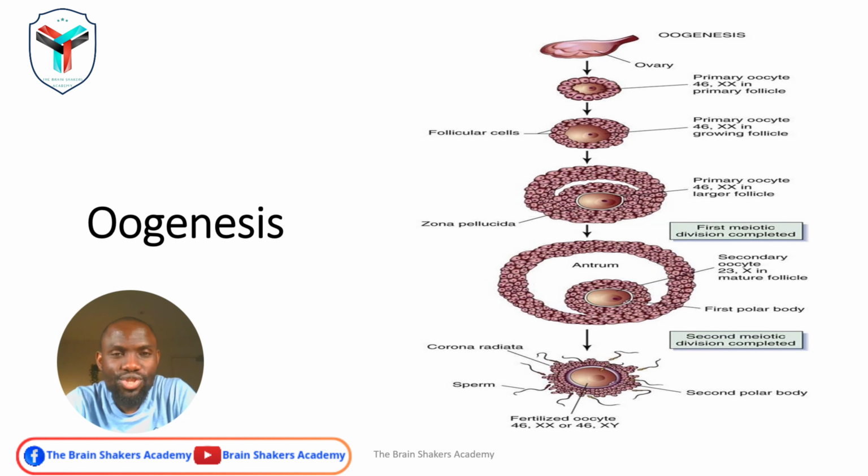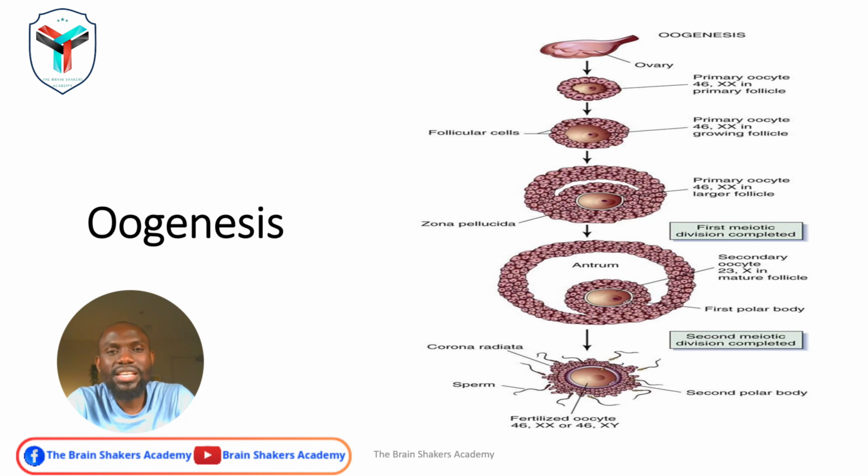Like in spermatogenesis, the process of female gamete formation, or oogenesis, also begins around the fourth week of gestation, where the PGCs, or the primordial germ cells, migrate from the wall of the yolk sac into the ovaries, where they then differentiate into oogonia. The oogonia will then later undergo mitotic divisions, where a parent oogonia is going to separate and divide into two daughter cells, and this then populates the ovary.